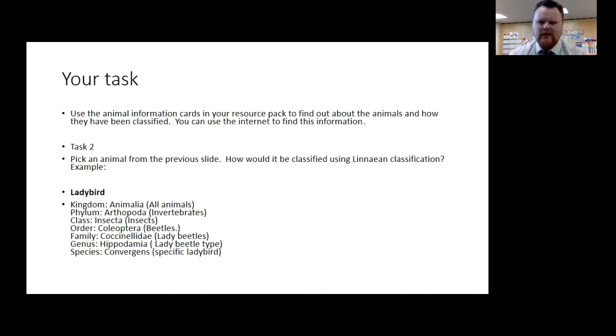Now, the reason why Carl Linnaeus chose Latin for naming and his classification key is because it was what's known as a dead language. So people don't use it anymore. So why might he use a dead language? Well, if you think about it, very clever actually. If a scientist in one country names it in his or her language, and a scientist in another country thinks, hold on, that's not fair because that's their language, that's not my language, then it could cause arguments.